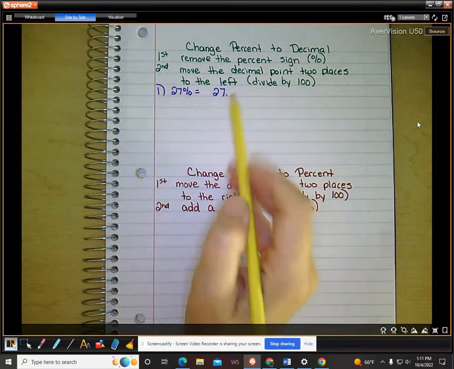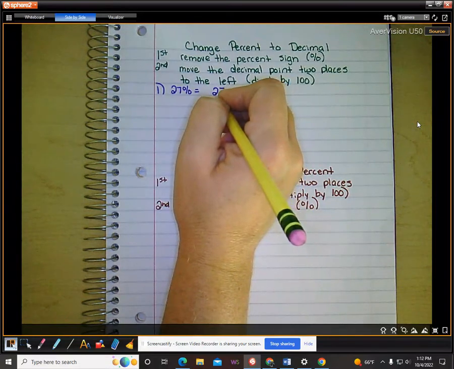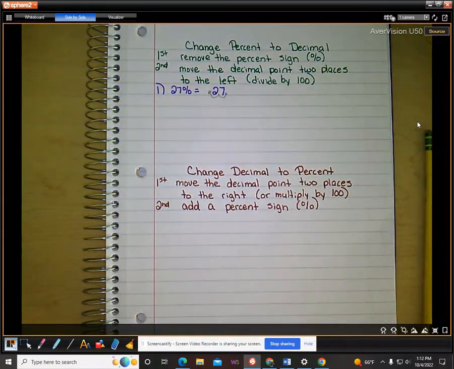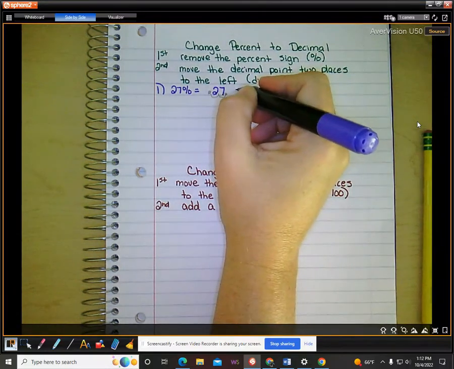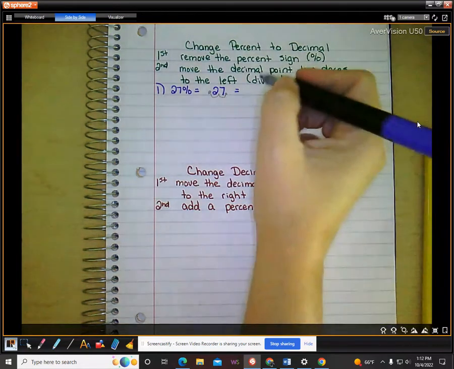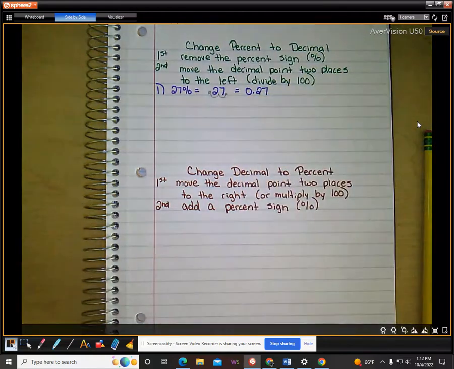Okay? So then all you have to do, move the decimal point 2 places to the left. So what is 27% as a decimal? Tristan? 0.27. And I like that he included the 0. Okay.